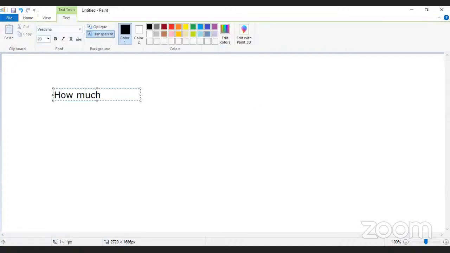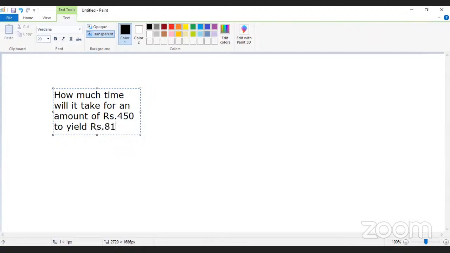How much time will it take for an amount of rupees 450 to yield rupees 81 as interest at 4.5% per annum of simple interest?